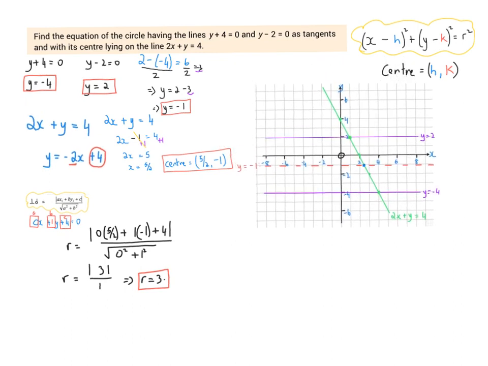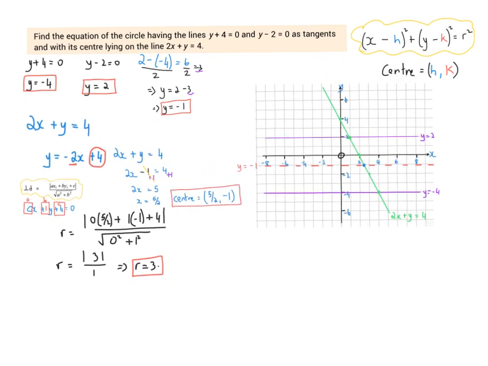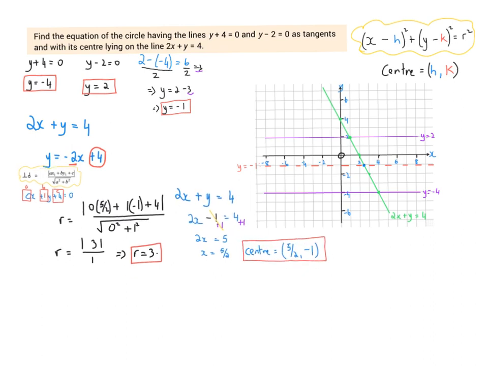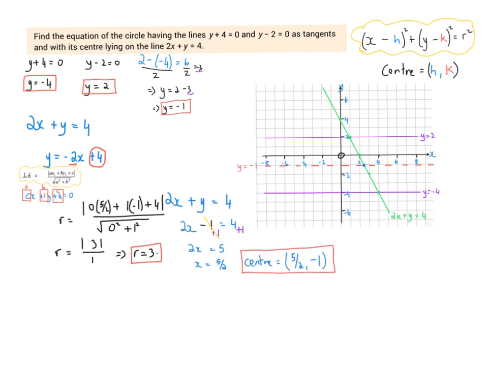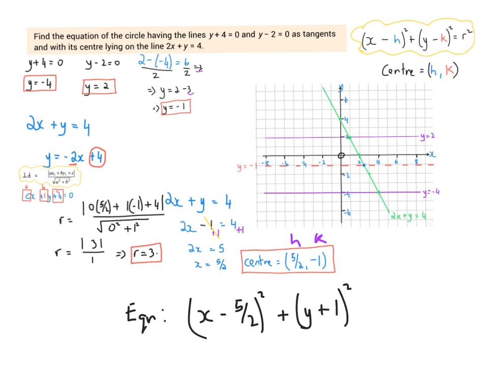So just finishing off here, if we bring back down our centre, and we're going to label that, of course, h and k for the x and the y value. So that's going to give us an equation of a circle, which is x minus 5 over 2, all squared, plus y minus minus 1, which gives us plus 1, all squared, is equal to 3 squared.